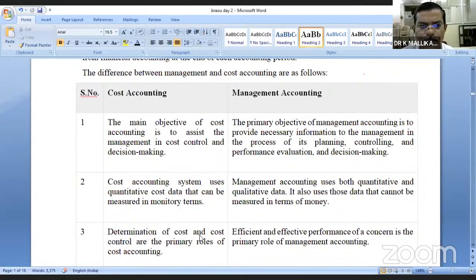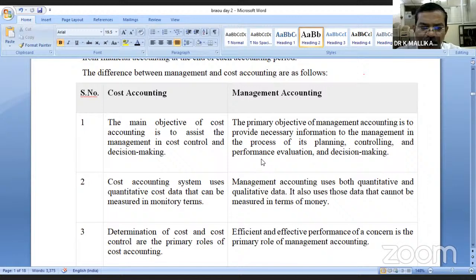Yeah. So the difference between cost and management accounting: the cost accounting objective and purpose is different, and the management accounting purpose is also different. The main objectives of cost accounting are cost ascertainment and cost control. Whereas management accounting is concerned with the information provided to management to take decisions regarding planning, controlling, and evaluation of performance.